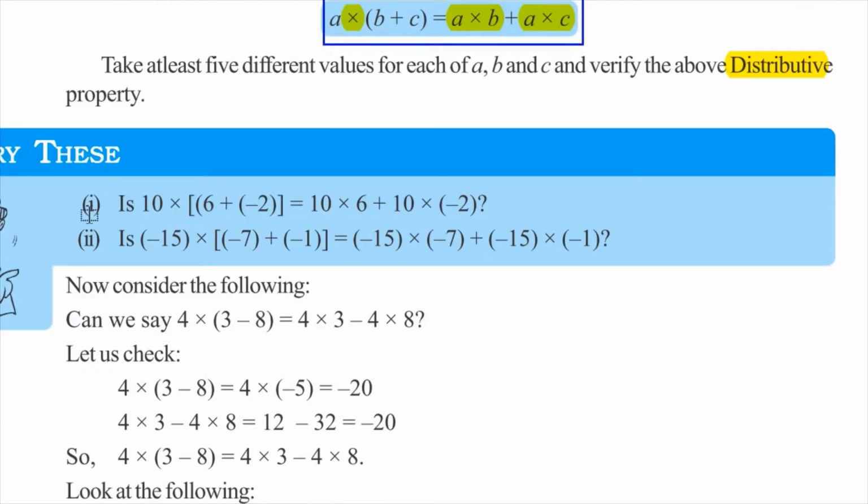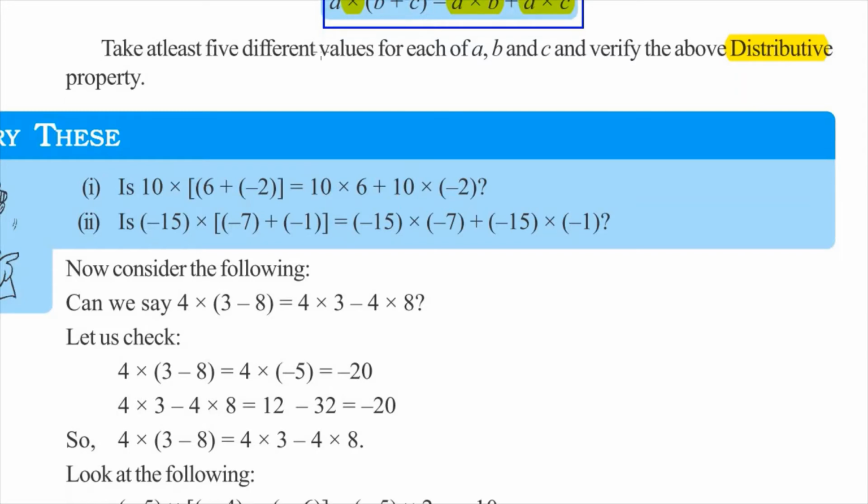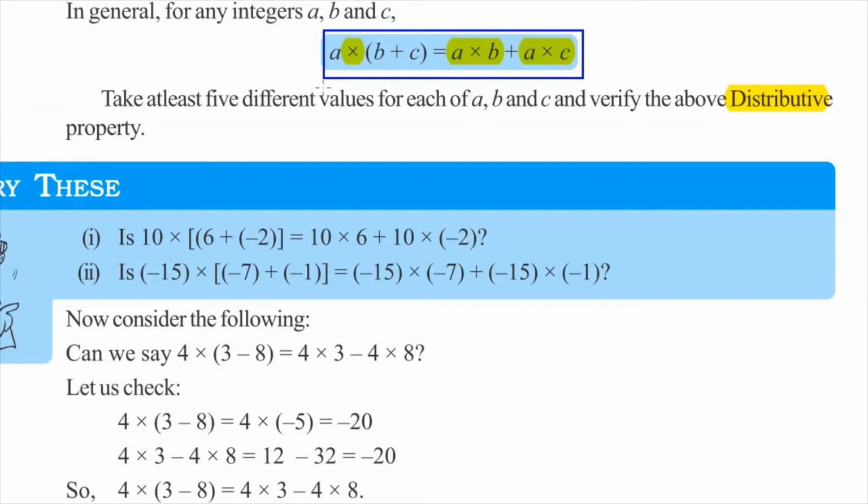Now we can try these. Is 10 into (6 plus minus 2) equal to 10 into 6 plus 10 into minus 2? So one way to solve this is to write this down in our notepad and find out the LHS value after simplification and RHS value after simplification. But instead of doing that, we can find a direct relation between our distributive property over here and our question.